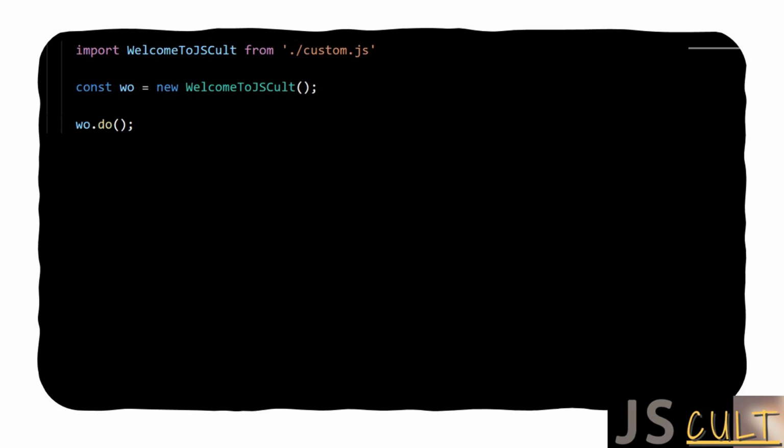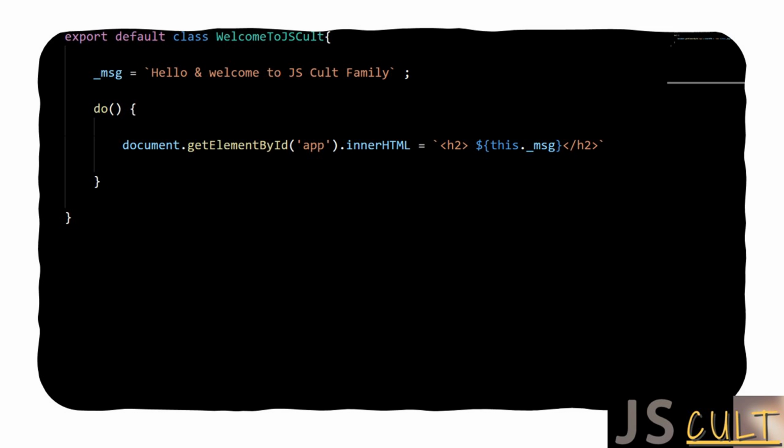Here is how we are importing that module and triggering the do method that works as expected. Now, with the help of the class properties feature, we no more need to create a constructor just to initialize its field as shown here. Here, this underscore denotes this message field is private to this class and should not be called outside. This is a convention. But still we are able to call this from outside without getting any error.